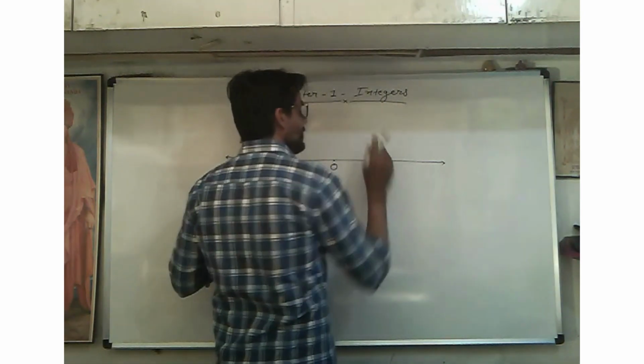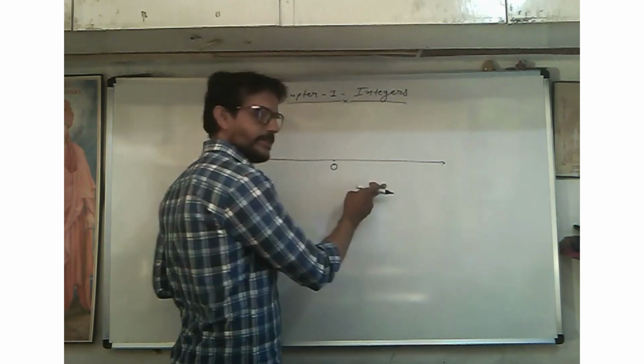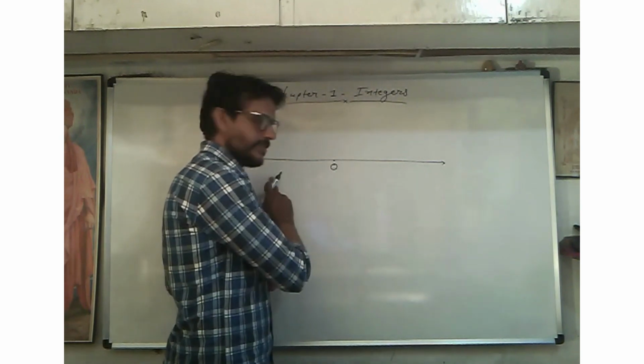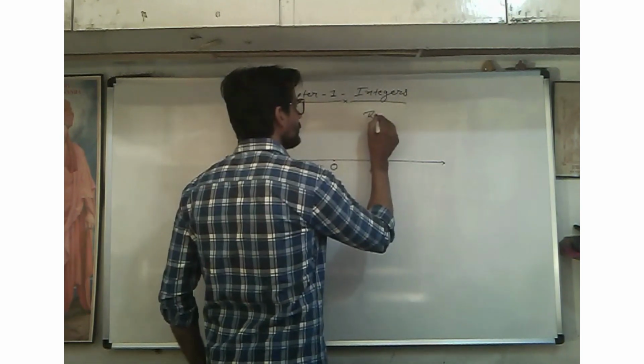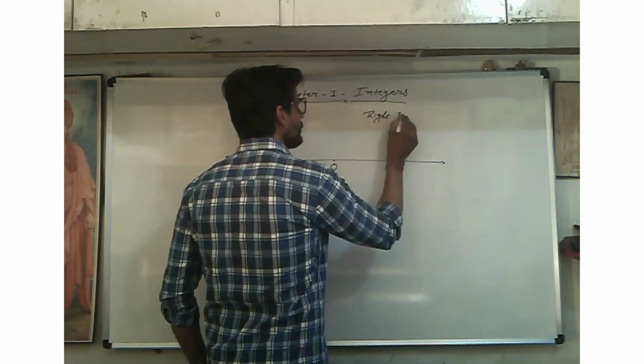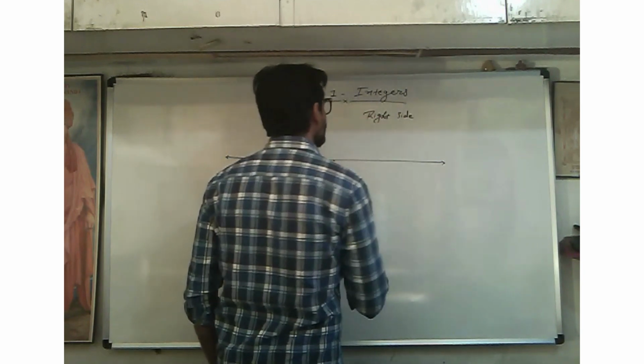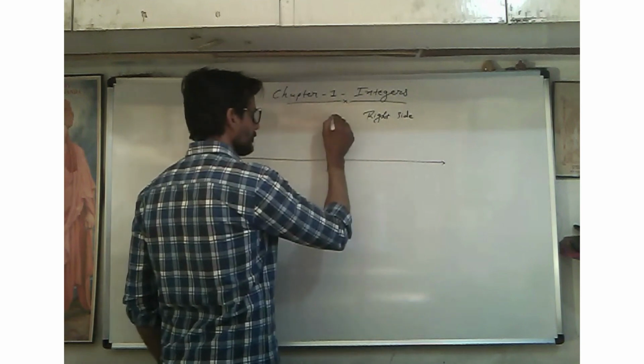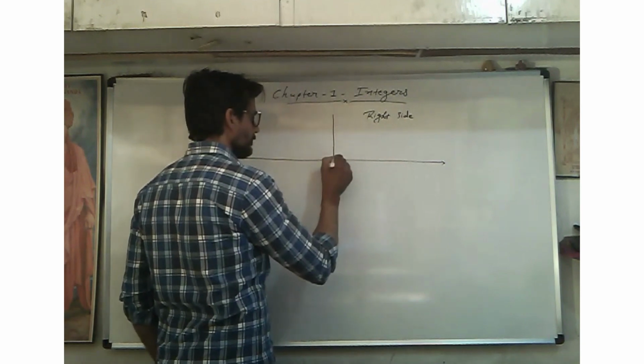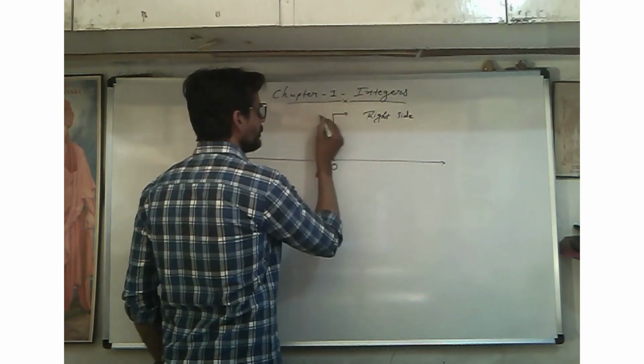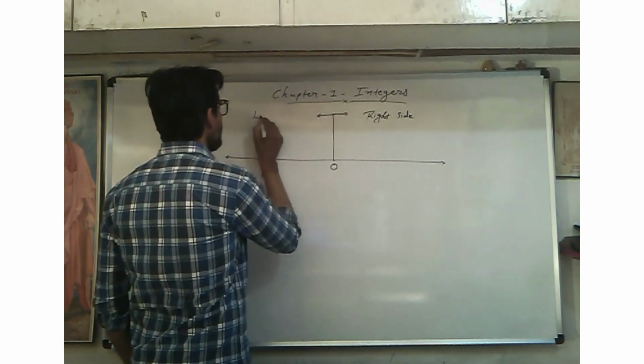So, number line has two sides, right hand side and left hand side. Right side. This is left side.